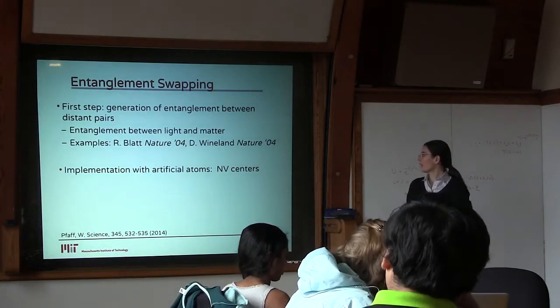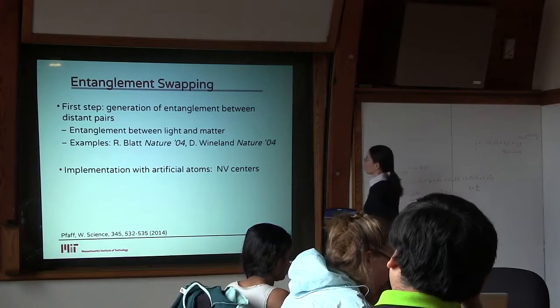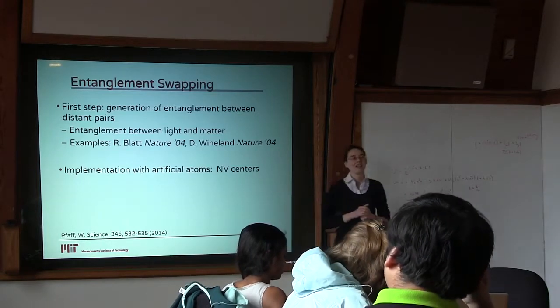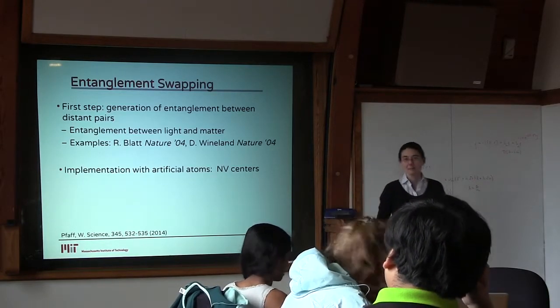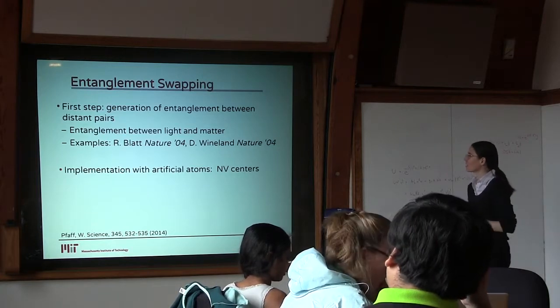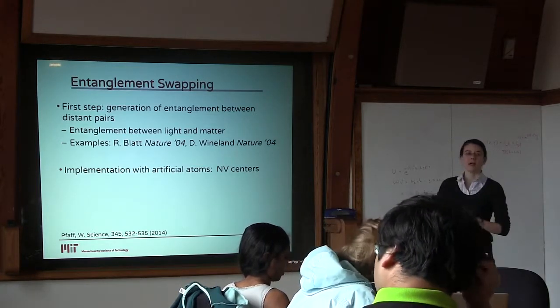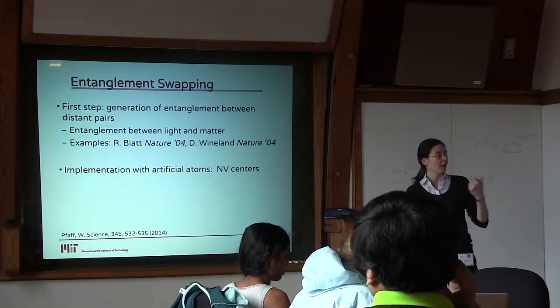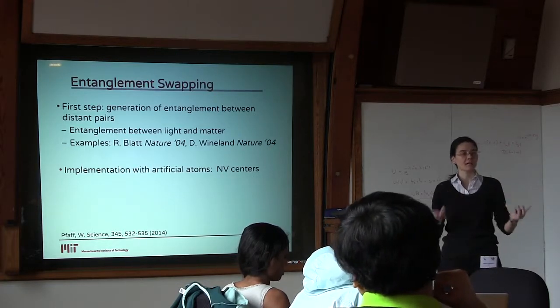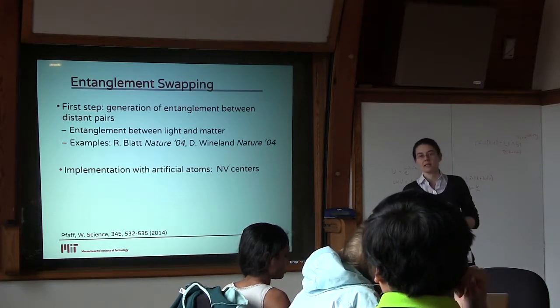And of course, because I work on NV centers, I will just advertise NV center results. There have been several groups working on achieving entanglement between a photon emitted by the NV center and the NV center spin itself.